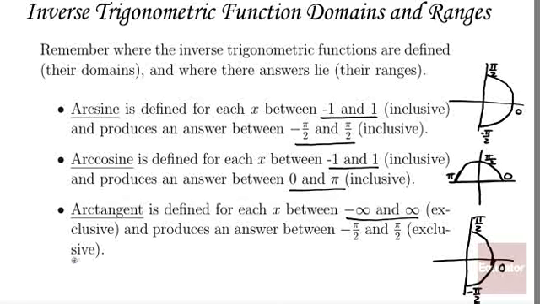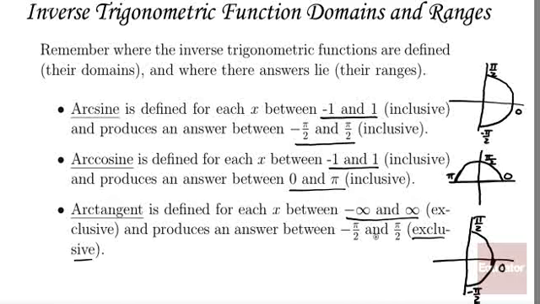And I say exclusive here because you would never actually give an answer of -pi/2 or pi/2 for arctangent, because arctangent never actually hits those values. If you think of that coming from the other direction, we can't talk about the tangent of pi/2 or -pi/2 because those involve division by 0. So when we're talking about arctangent, we'll never get -pi/2 or pi/2 as an answer.